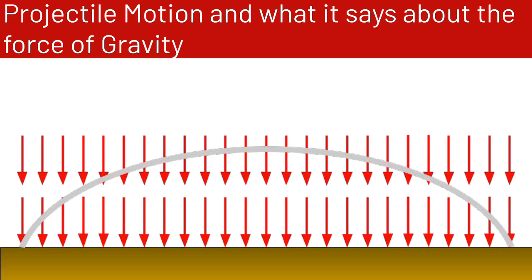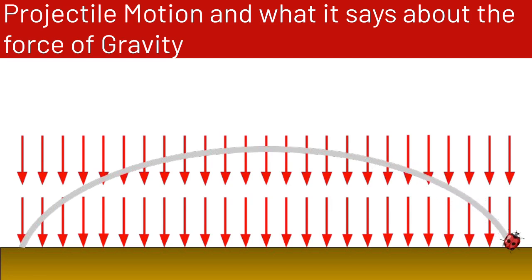So let's talk for a minute about projectile motion and what it says about the force of gravity. So here we can imagine we have a little ladybug flying through the air as a projectile. The ladybug is not using its wings, it's been launched as a projectile and it's flying through the air along this trajectory.